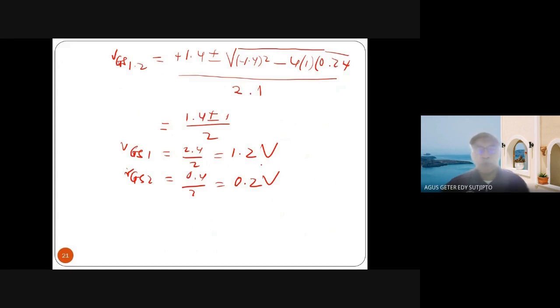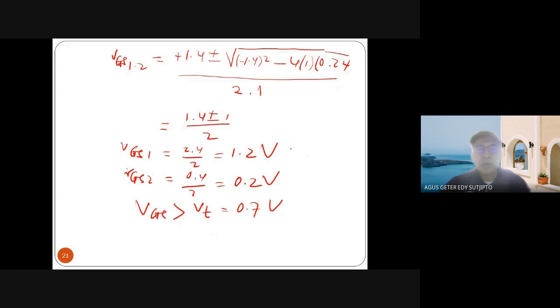So we have values of VGS of 1.2 and 0.2. Which one is applicable for this problem?